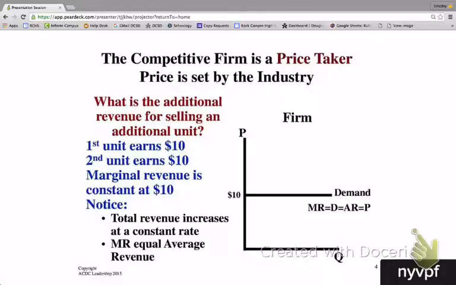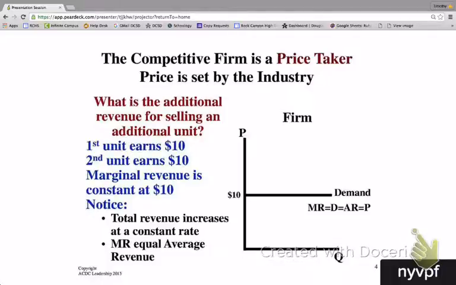And if you look at total revenue and you divide it by the quantity sold, that will be equal to the average revenue, which is also equal to the price. We've also said that this is equal to the firm's demand curve, a perfectly horizontal elastic demand curve at the market price, and that is also equal to the price.